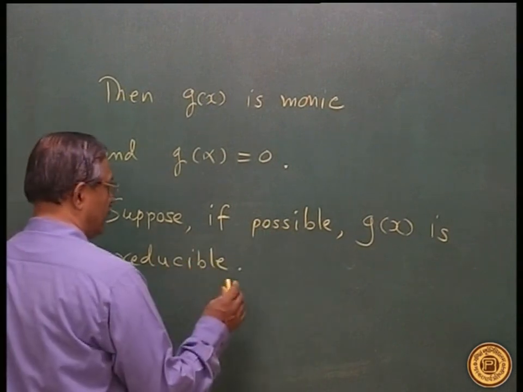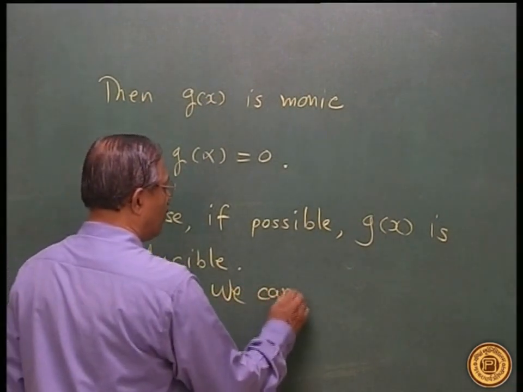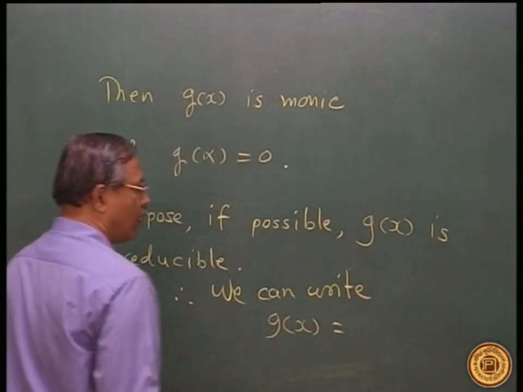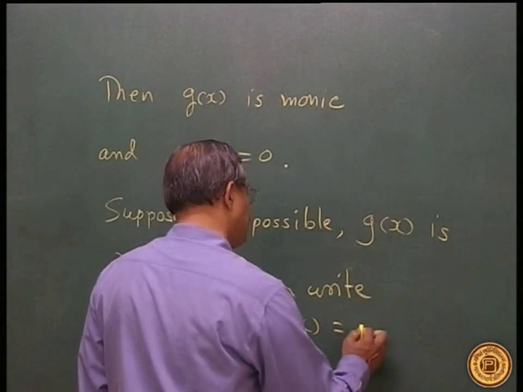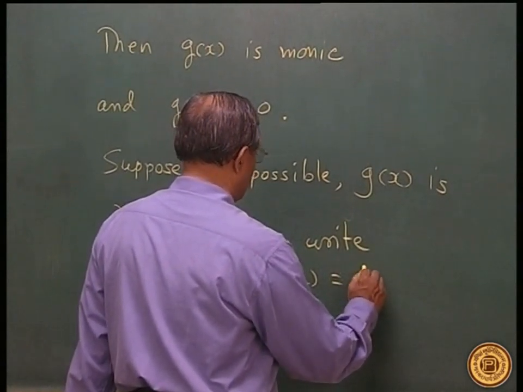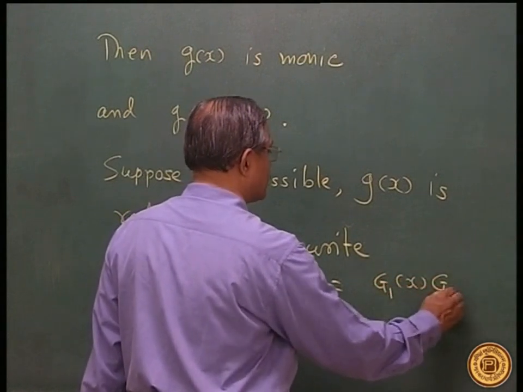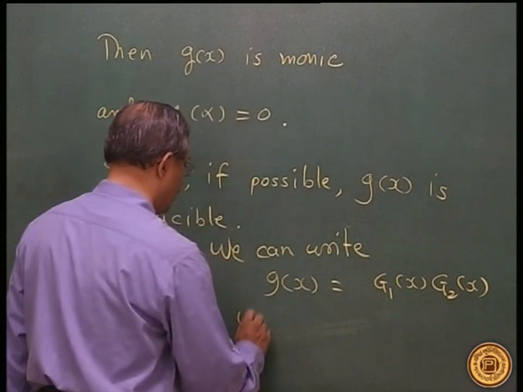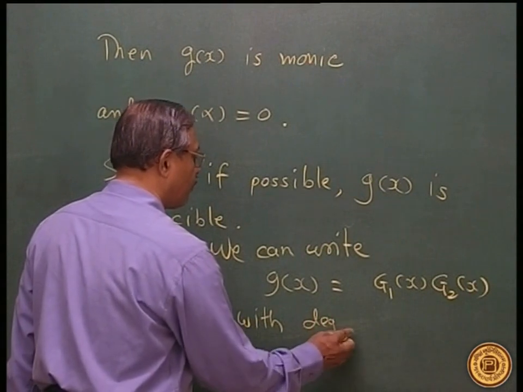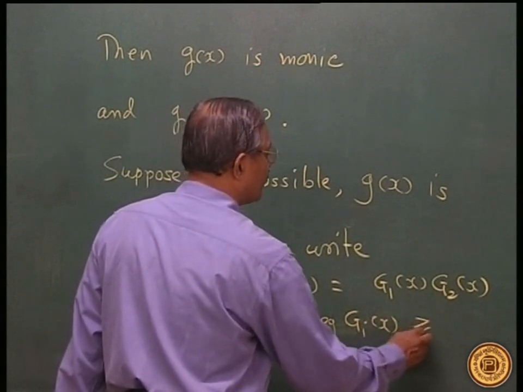If it is reducible, we can write g(x) equal to a product of two polynomials, let us write it as G1(x) G2(x), with degree of Gi(x) bigger or equal to 1.